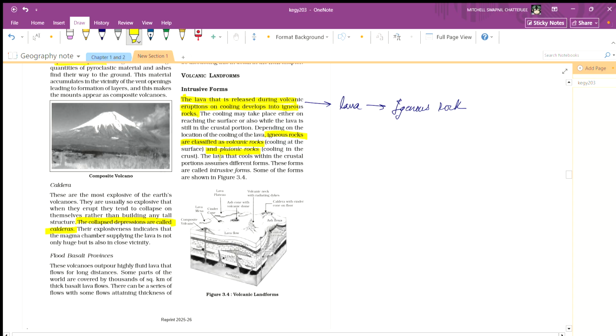The lava that cools within the crust portion assumes different forms. These forms are called intrusive forms.